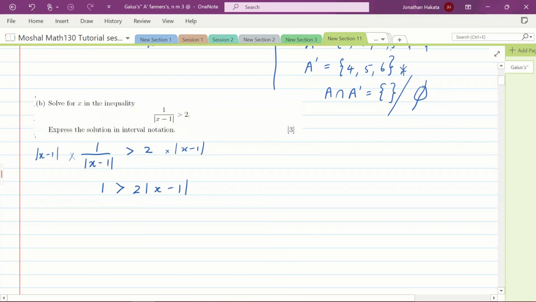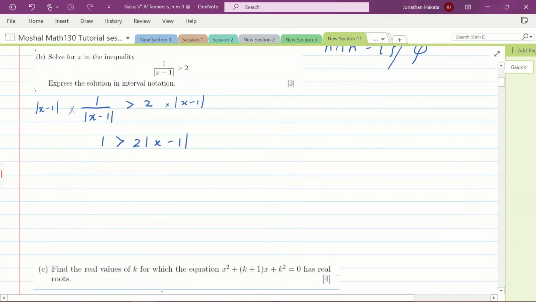Now, what do you do next? We can just divide both sides by 2, and then we end up with half greater than modulus of x minus 1.